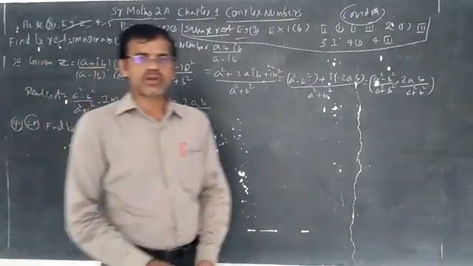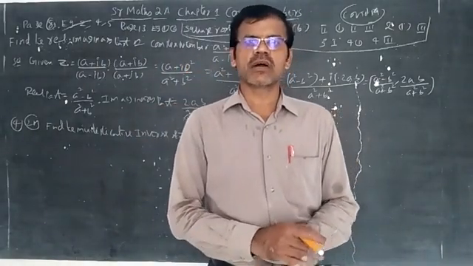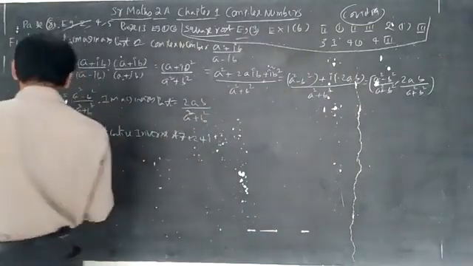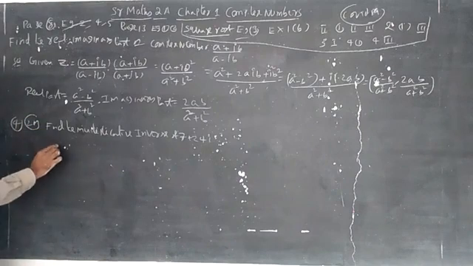I said that the multiplicative inverse of z is nothing but 1 by z. The formula is: a by a square plus b square, comma, minus b by a square plus b square. Directly you can write the multiplicative inverse of a plus ib. Otherwise, 1 by z, you write inverse or reciprocal.